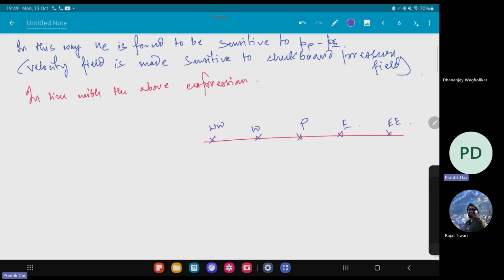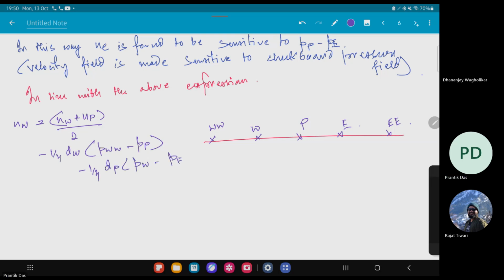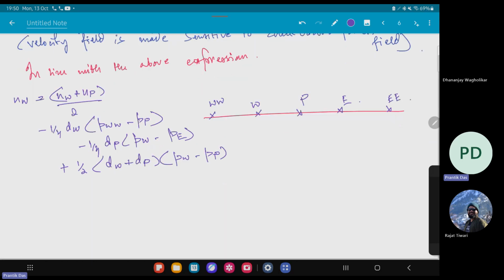So UW is basically equal to UW plus UP divided by 2 minus of 1/4 DW. So PWW minus EP. Similarly, minus of 1/4 of dP PW minus PE plus of half of dW plus dP PW minus PP. And similarly, we know what EW and EP are, which are shown above. So I'm writing it down again.